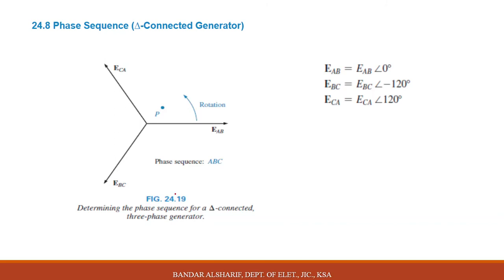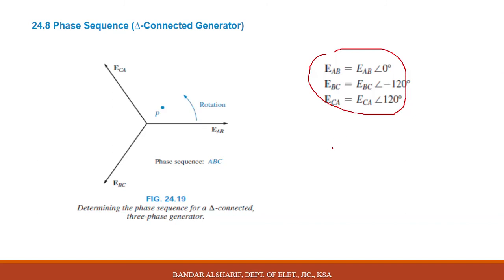Here you can see the phase sequence, section 24.8, delta connected generator, similar to Y connection as we mentioned in the previous slide. There is ABC, and the angle and the magnitude are as written here. For phase B, BC, our value for EBC is minus 120, ECA plus 120.